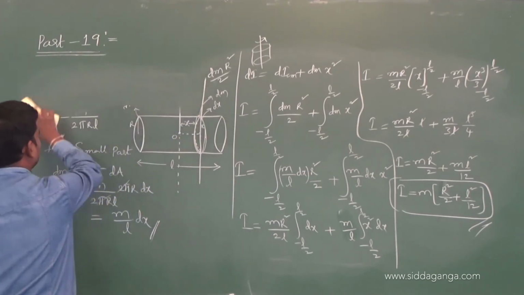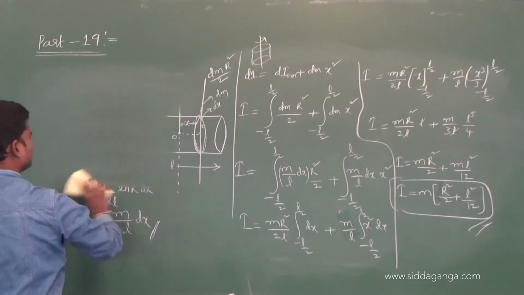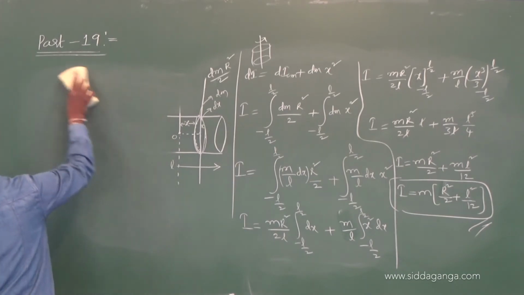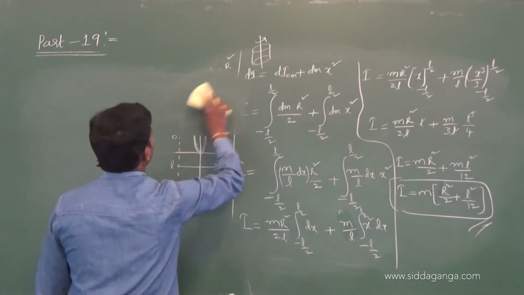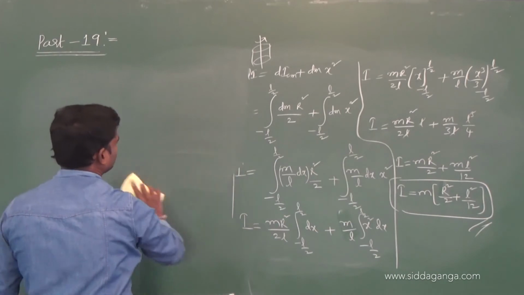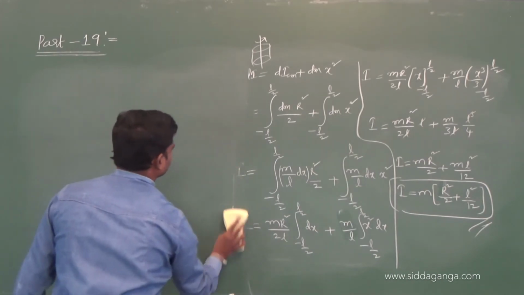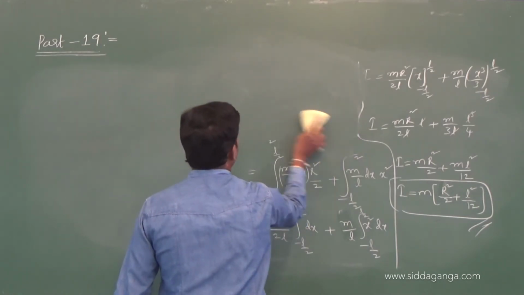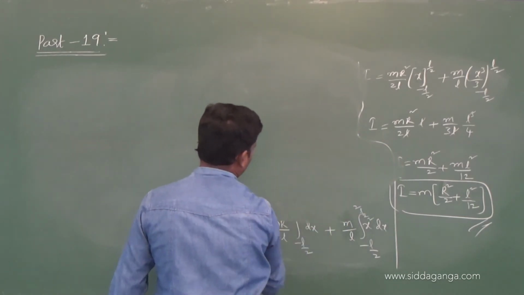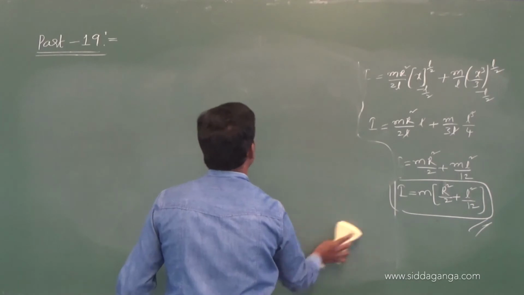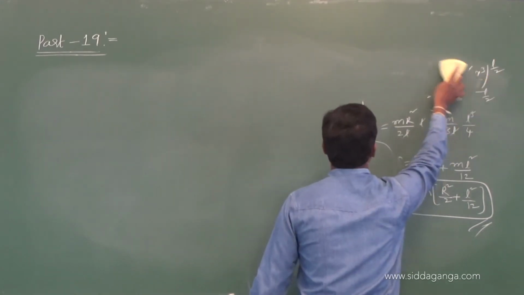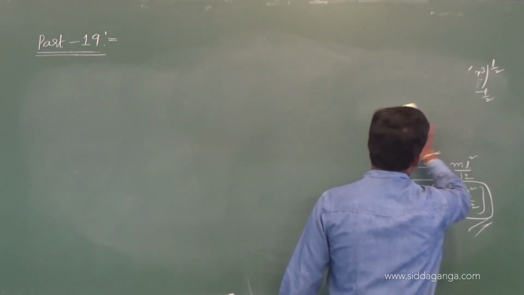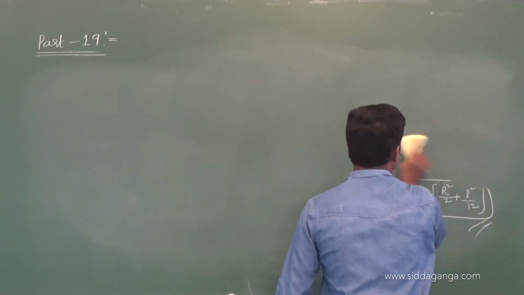I hope you remembered the radius of gyration formula. Tell me, what is the radius of gyration? K is equal to root of I by m. If you know the I value, we can find the K value. That is K is equal to root of I by m.